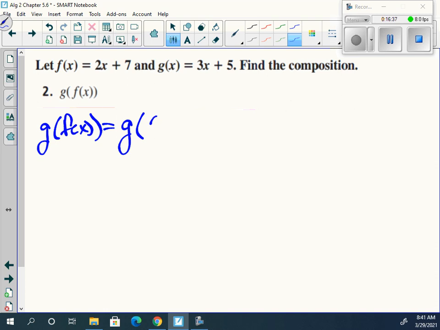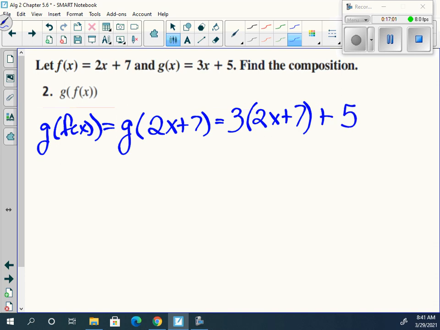It would be our 2x plus 7, because when I plug x into f of x, I get 2x plus 7. Now what we've got to do is plug 2x plus 7 into g of x, which would give us 3 times 2x plus 7, plus 5.